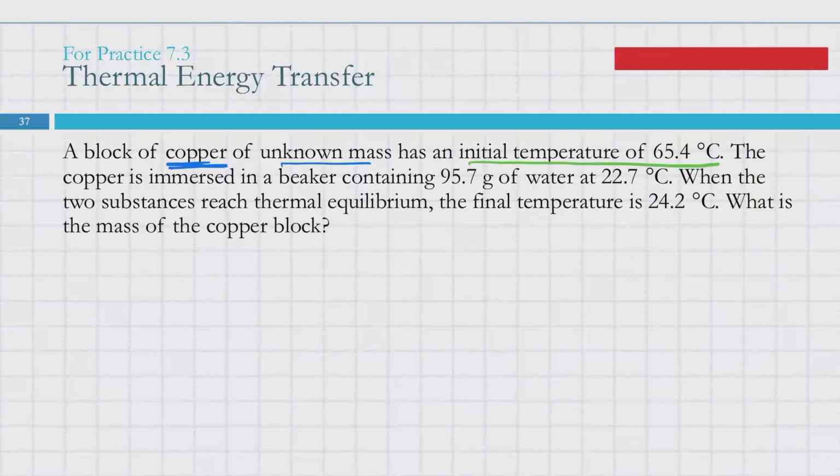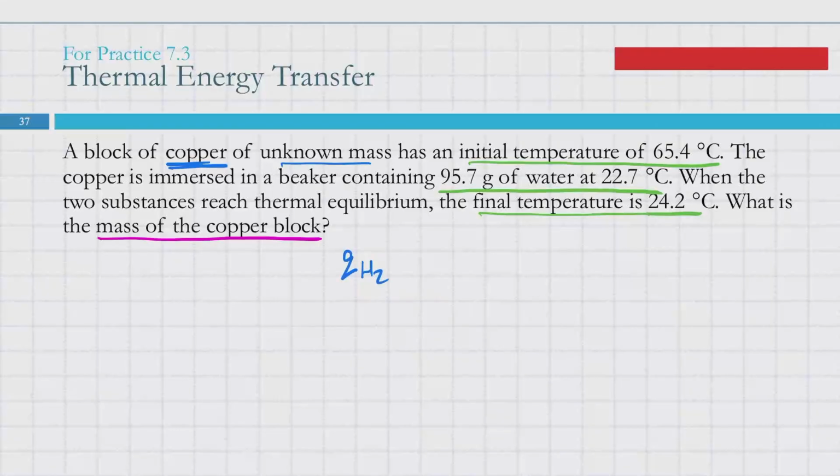The copper is immersed in or put into a beaker that's got some amount of water at a given temperature. When the two substances reach thermal equilibrium, just meaning they're the same temperature, the final temperature is 24.2 degrees Celsius. We could calculate, and we're going to do that, the mass of the copper block.